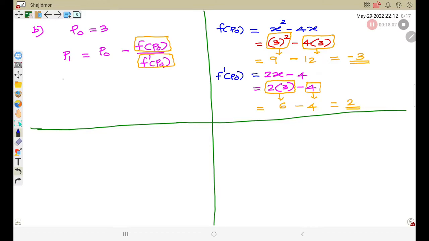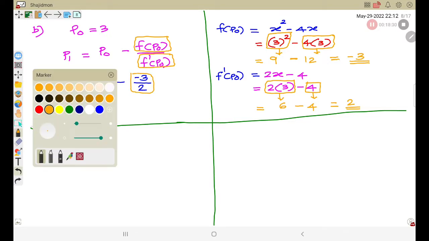Now just apply here and find P1. So P1 equals P0 number, 3, minus f of P0, which is minus 3, divided by f dash of P0, which is 2. Correct? If you do it separately like this, there is less chance of making a mistake. Now again we calculate these numbers with 3 digits rounding.